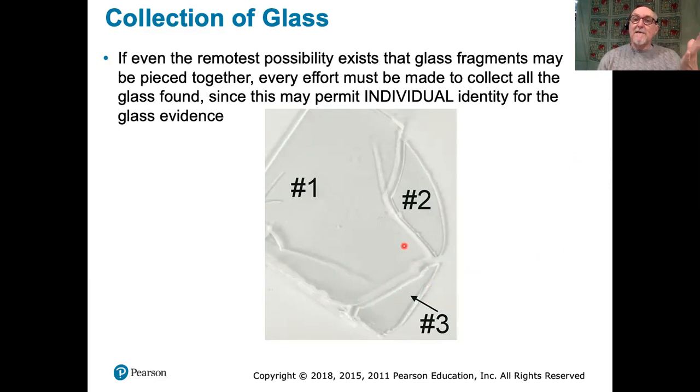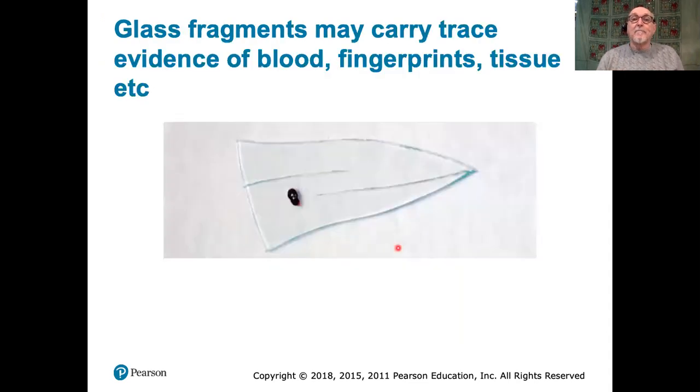They must be collected individually, packaged carefully, probably wrapped in tissue paper or something like that, in the hopes that an individual matching like this could be done. But I have to emphasize, this is extremely rare. Nonetheless, the evidence still needs to be collected if there is any possibility that such a matching could be made.